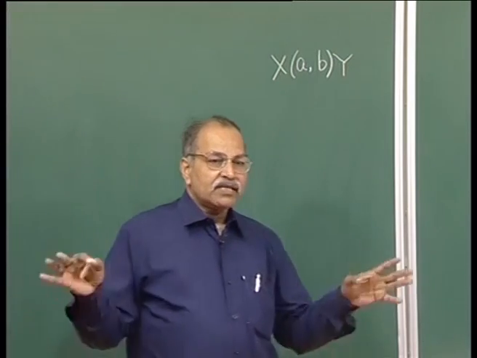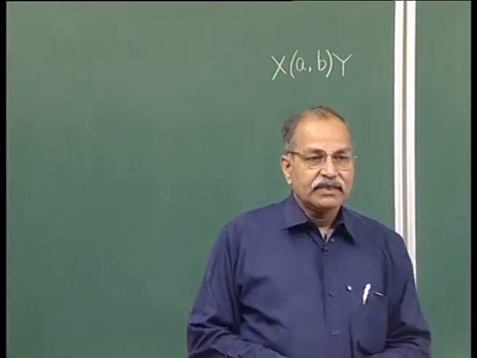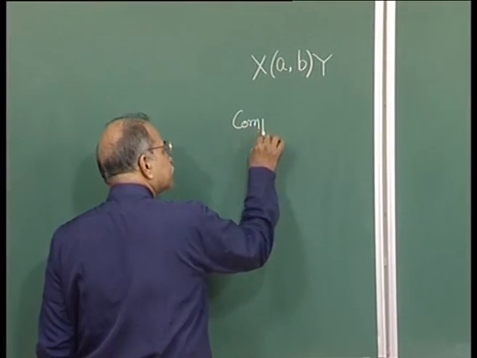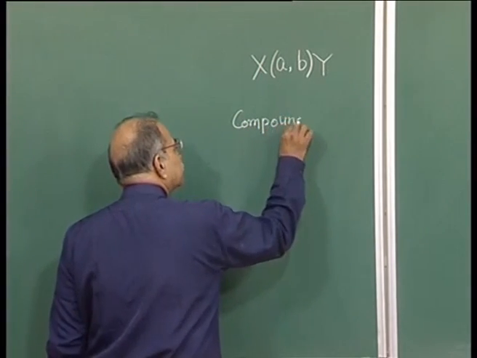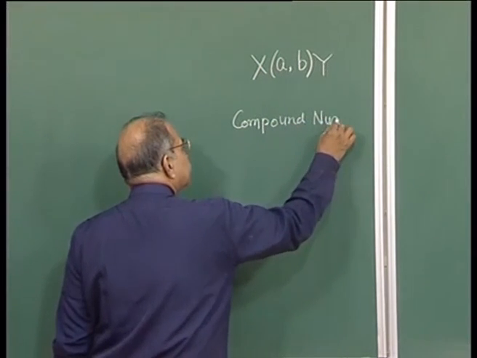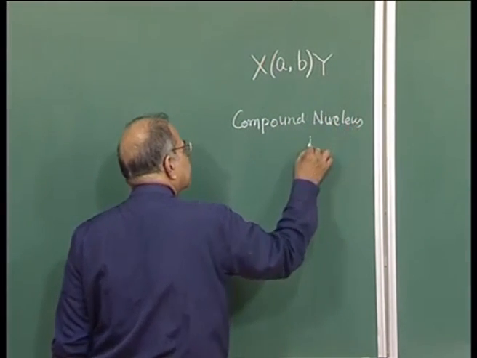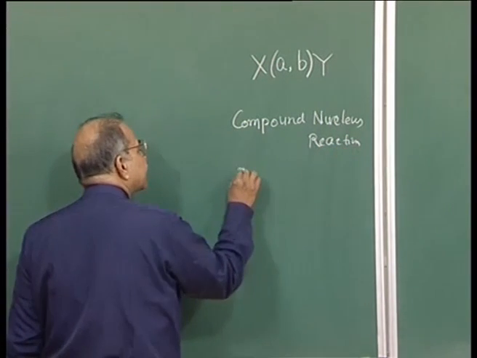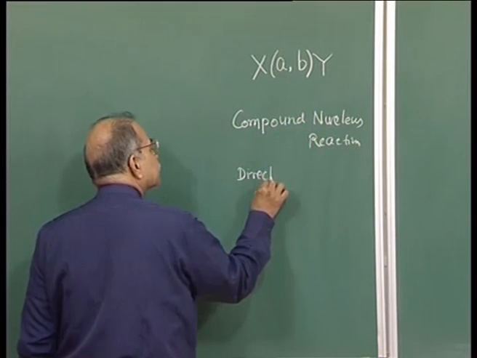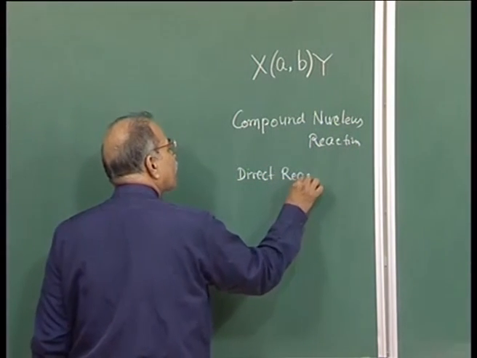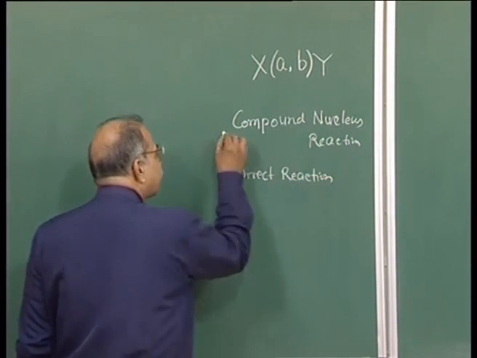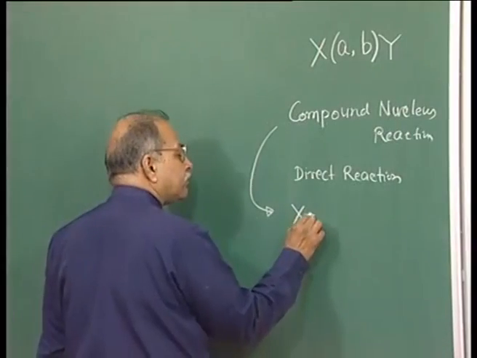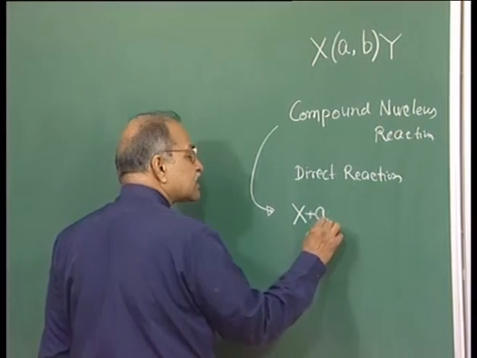Now, in this nuclear reaction, we talked of two varieties. One is what we call compound nucleus reaction, and the other we talked of is direct reactions. In the compound nucleus reaction, it is a two-step process.